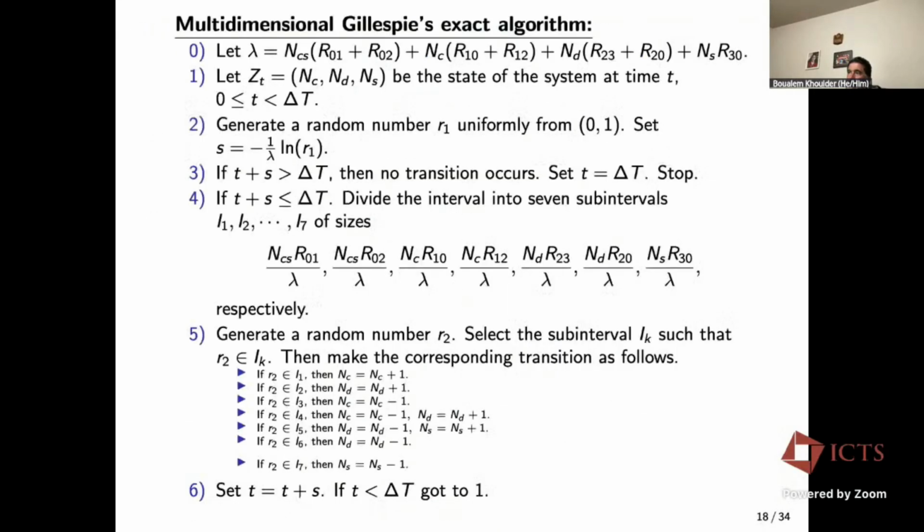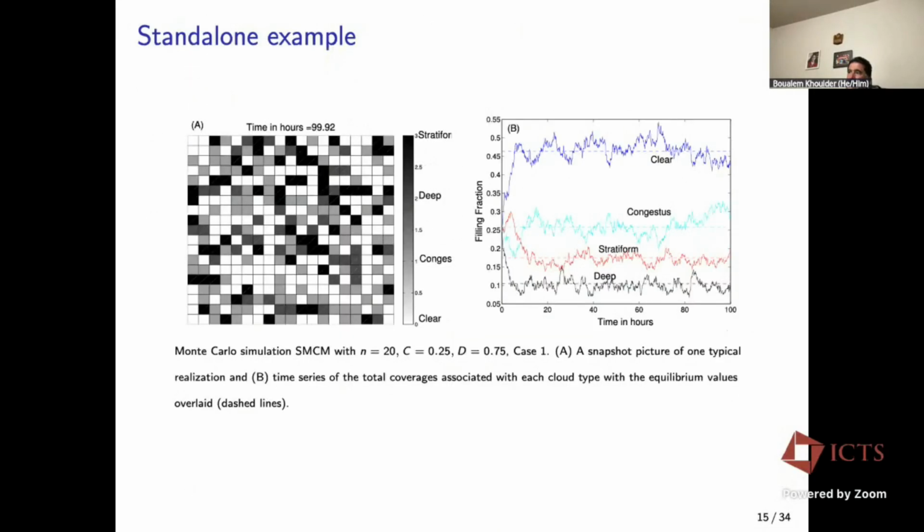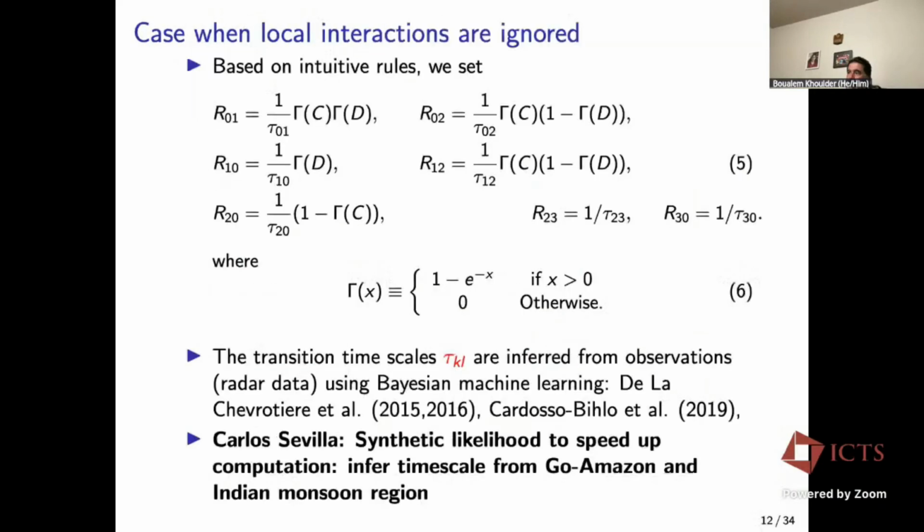So these rates here are functions of CAPE and dryness, etc. These are large scale measures or large scale predictors. They tell the stochastic model what transition probabilities it will have.